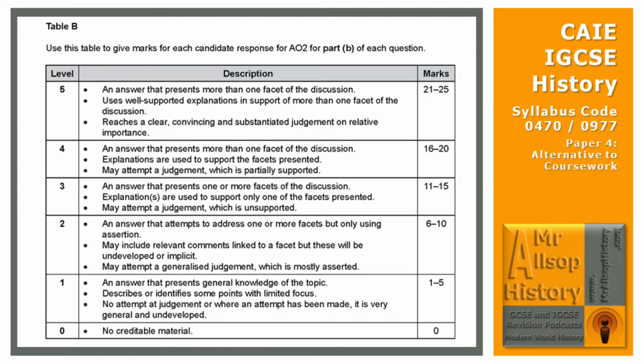Now, following this format of at least 3 facets, supported with good evidence and explained to say why they were important, will get you a good mark, but it won't secure you the highest level. To push for the top marks on Part B, there's therefore a little extra to do.